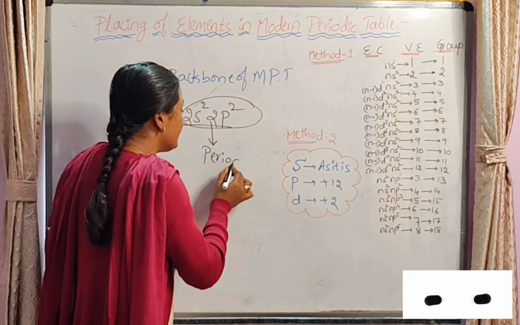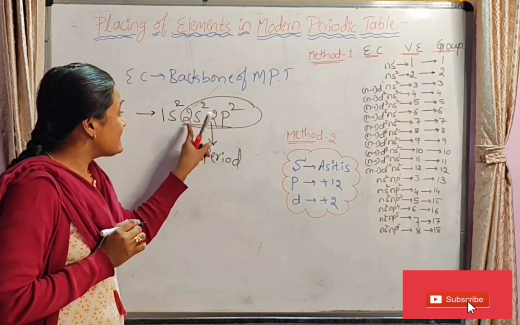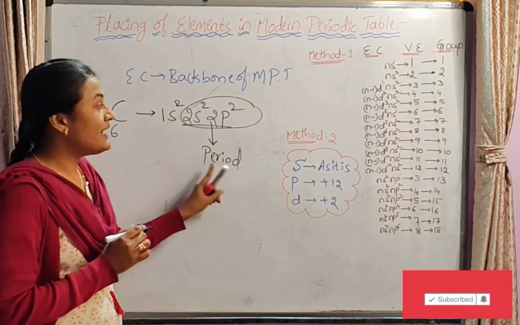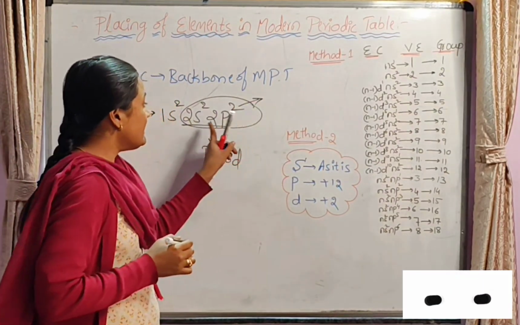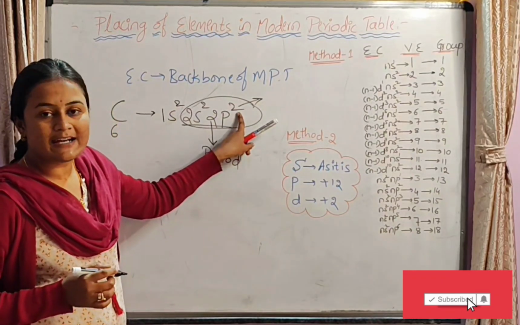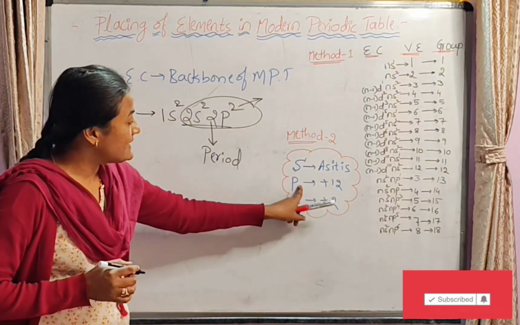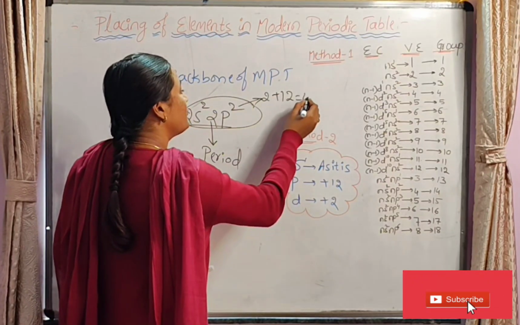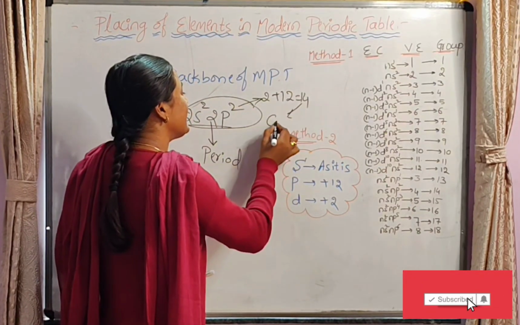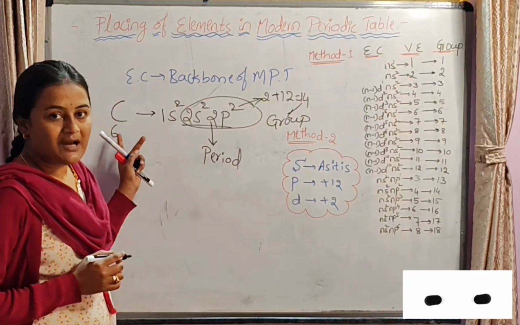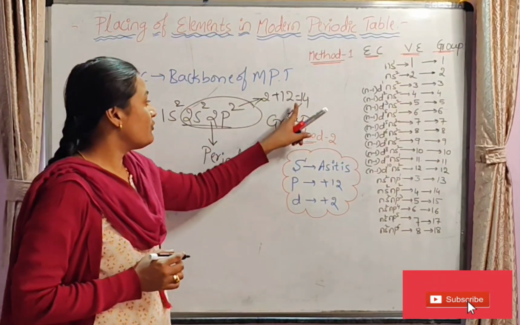Here, the largest orbit is 2, which means it belongs to period 2. And in the valence shell configuration, the largest orbital contains 2 electrons, which means since the p orbital is there, add +12, so 2 plus 12 is equal to 14, which indicates the group number. Carbon belongs to the second period and 14th group.